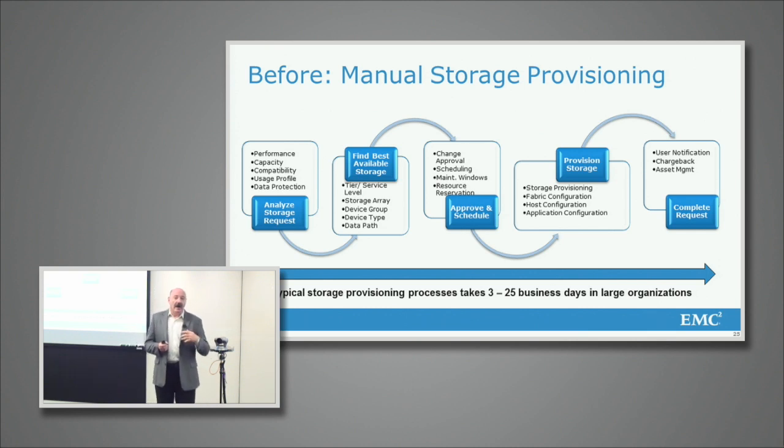And after that, again, it's on to notifying the user that the storage has been provisioned, closing the change control loop, and then informing the user as to the cost of the storage, the chargeback reports, etc. All that needs to be developed as well.